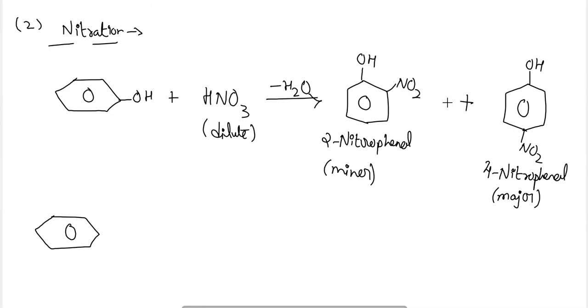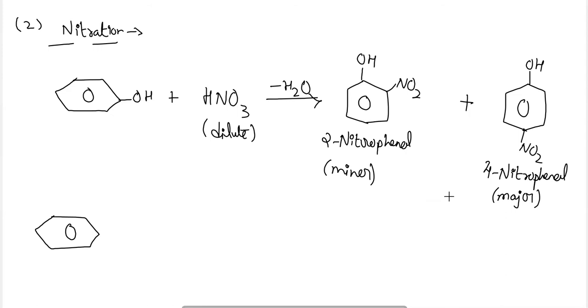As orthonitrophenol has a lower boiling point compared to para-nitrophenol, it can easily be vaporized, and by using steam distillation we can easily separate the components of this mixture, that is 2-nitrophenol and 4-nitrophenol, from each other.